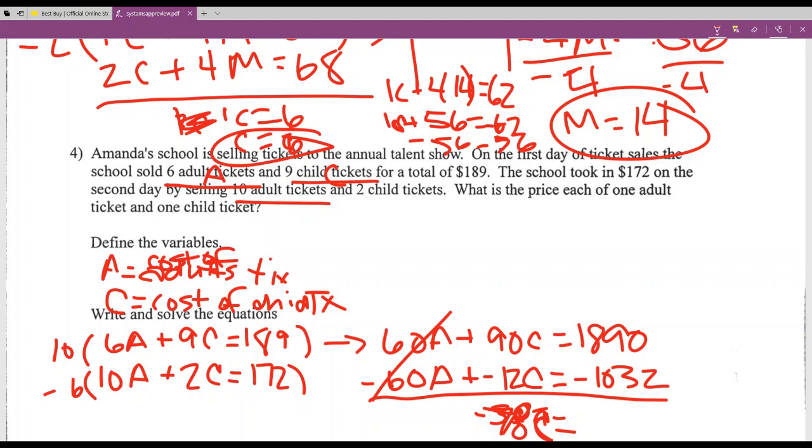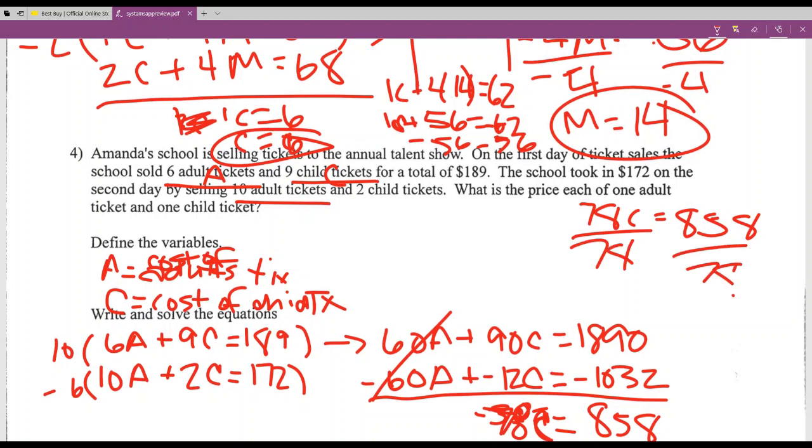Divided by 78. Oh, there we go. Oh, I divided the wrong number. Okay. So we'll add that, you get 858. And you got 78C equals 858 divided by 78. Boom, boom. C equals 11.